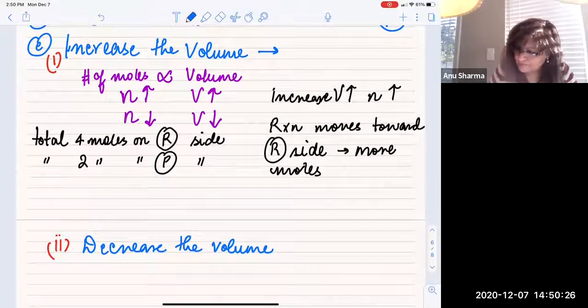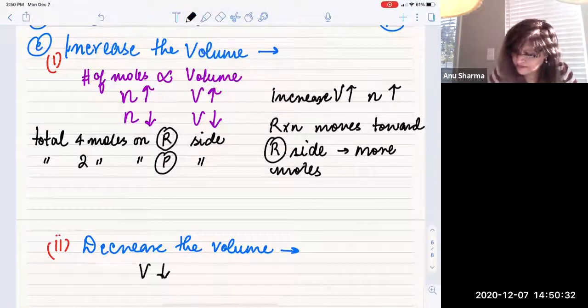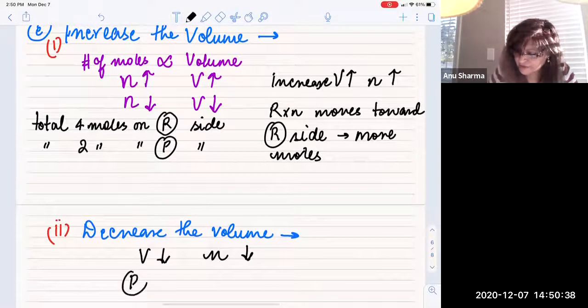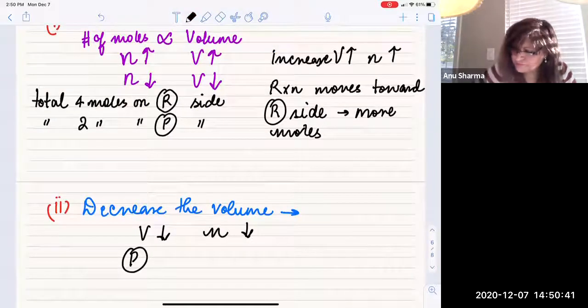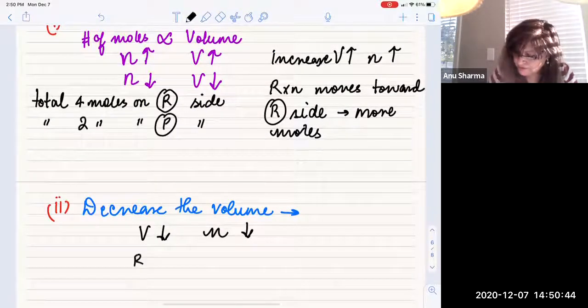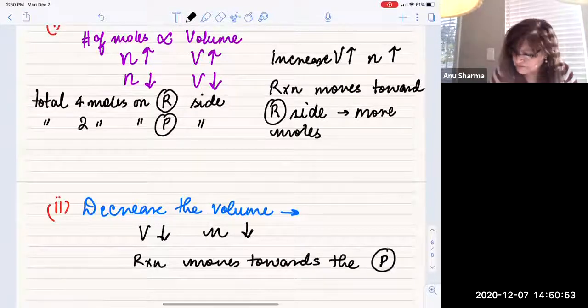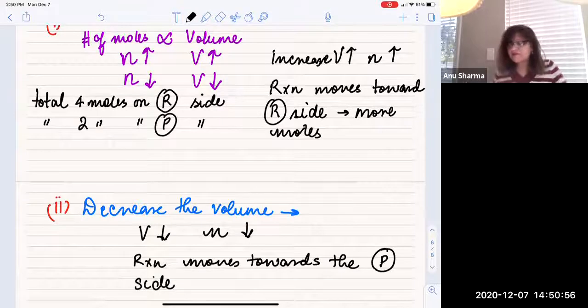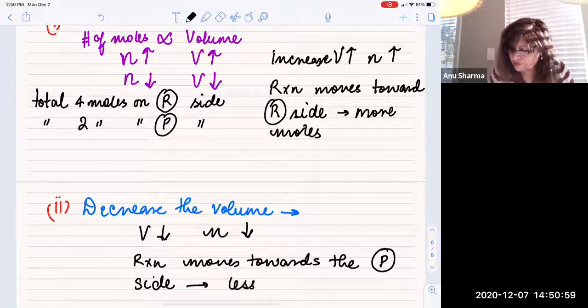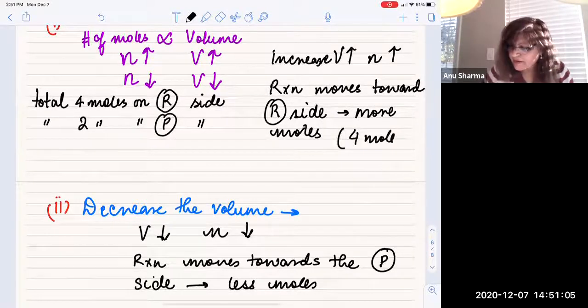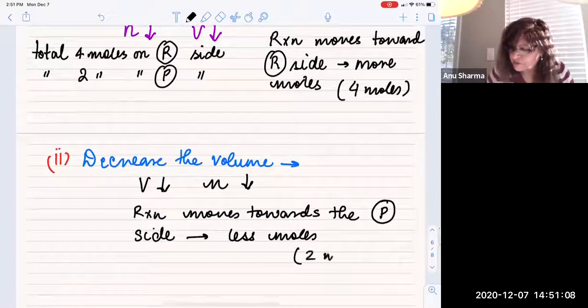So volume has decreased, then the reaction is going to move towards the product side, where there are fewer moles. Here there were more moles, 4 moles, and here there were only 2 moles.